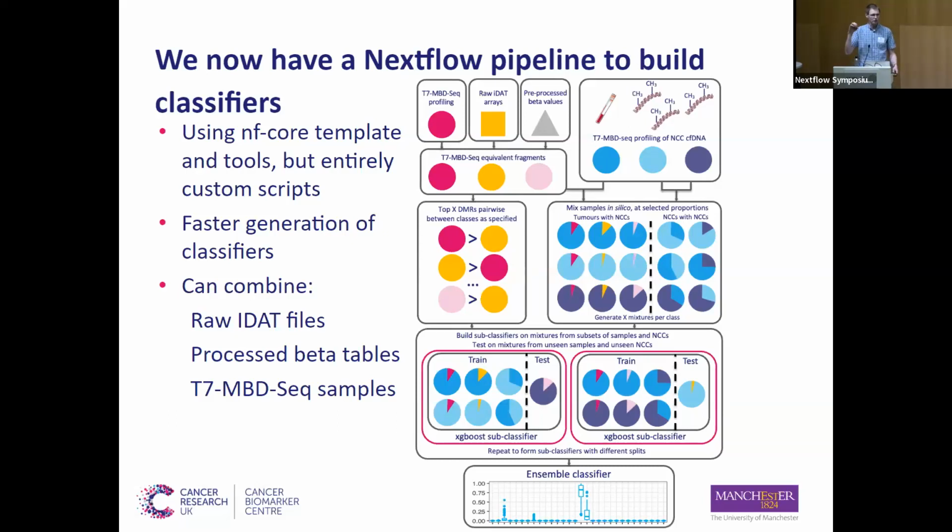So I can build classifiers using raw IDAT files, that is the methylation array data, if they've been deposited in the libraries, or I can use processed beta value tables if they haven't deposited the raw data, or I can include our samples we've sequenced, and combine them together in a Nextflow way. And I can now build classifiers for different questions much more easily.